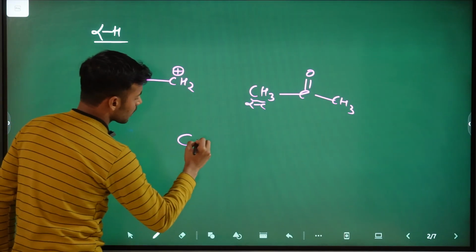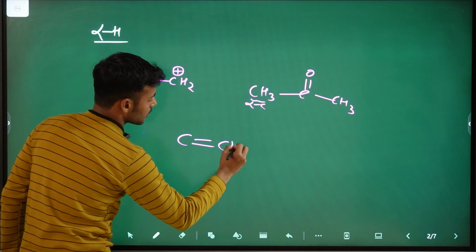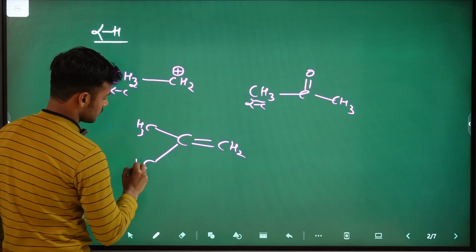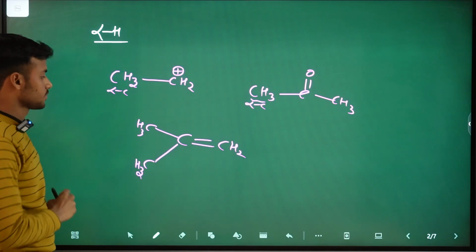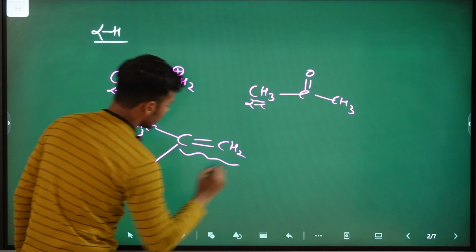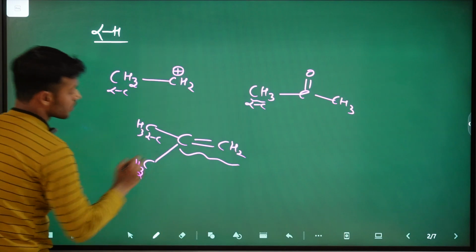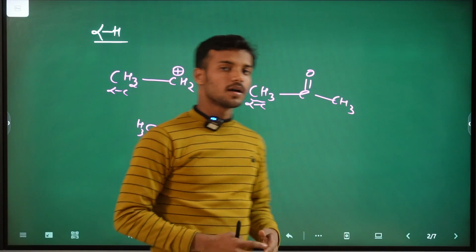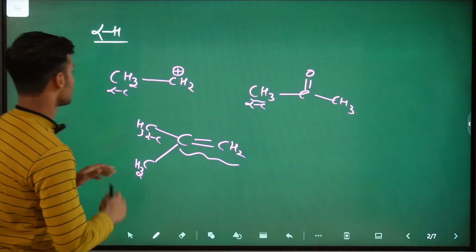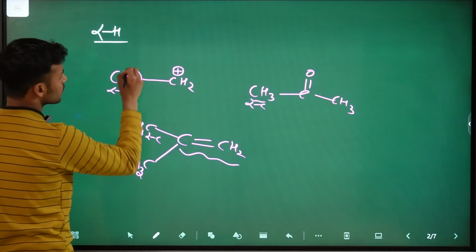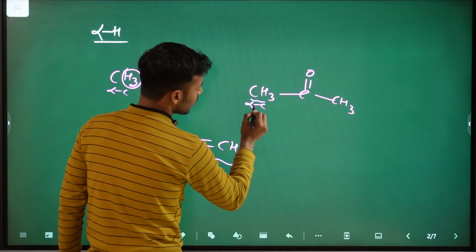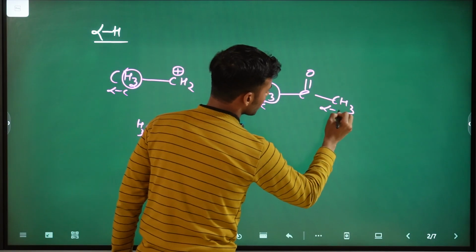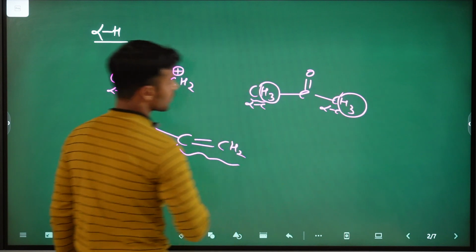Take more examples, like ethene, an alkene. So this is the functional group, this is alpha carbon, and the hydrogen attached to alpha carbon is called alpha hydrogen. So here, how many alpha hydrogens? 3. Here is alpha carbon and this is alpha hydrogen, this is alpha carbon and this is alpha hydrogen.